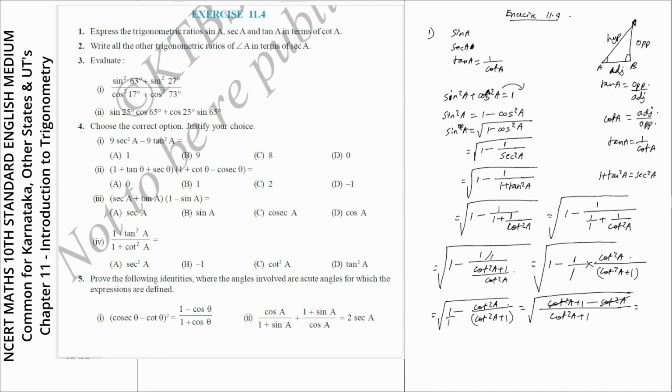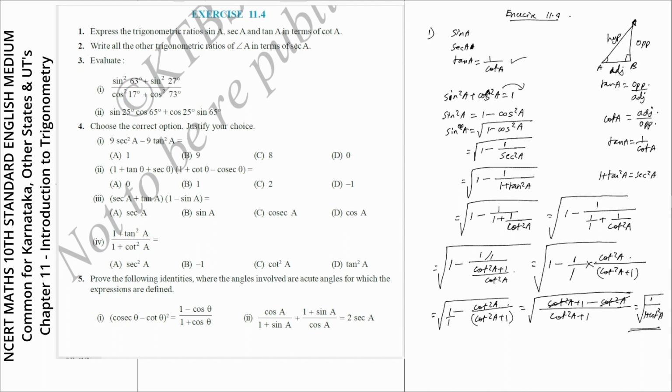So I'll get square root of 1 by 1 plus cot square A as the answer. So sin A is also equal to square root of 1 by 1 plus cot square A. So the third one we proved there. This is the first one which we proved.